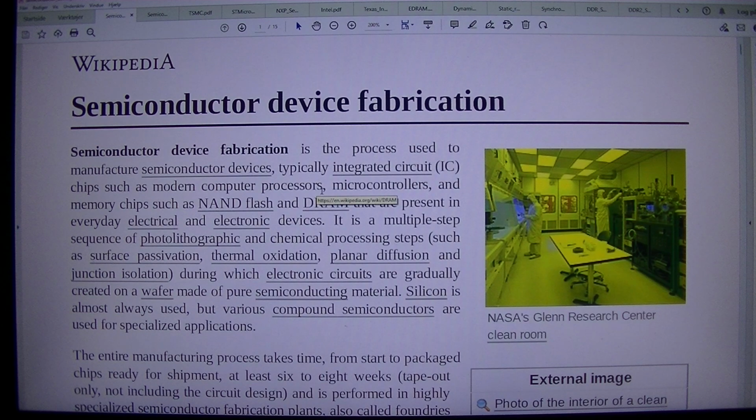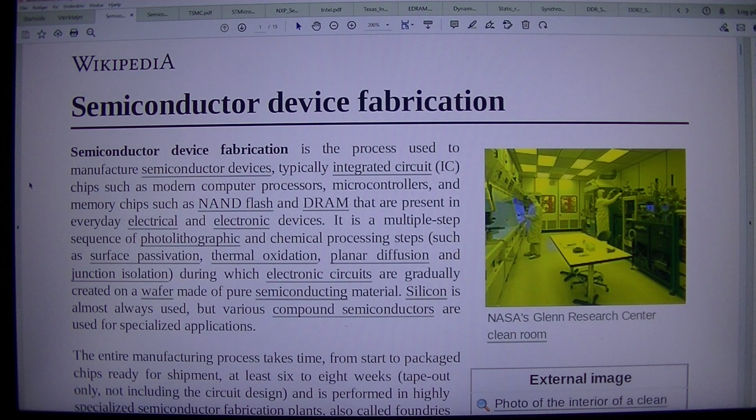Semiconductor device fabrication is the process used to manufacture semiconductor devices, typically integrated circuit (IC) chips such as modern computer processors, microcontrollers, and memory chips such as NAND flash and DRAM that are present in everyday electrical and electronic devices.